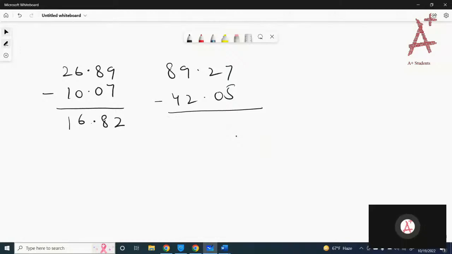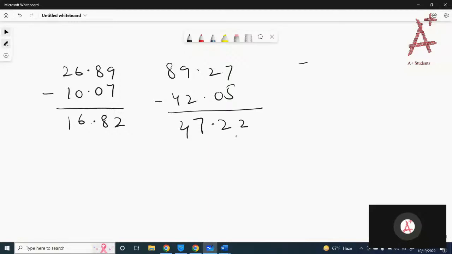So 7 minus 5 is 2. 2 subtract 0 is 2. 9 subtract 2 is 7, and 8 subtract 4 is 4. So it would be 47.22. Got it? So the first option is the correct one. So select the correct option and click on the OK button.